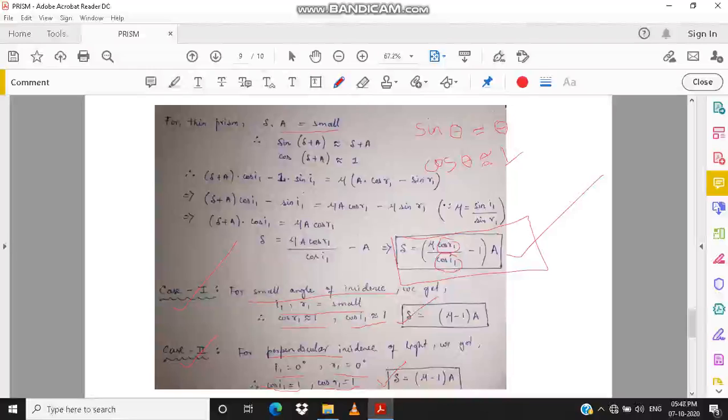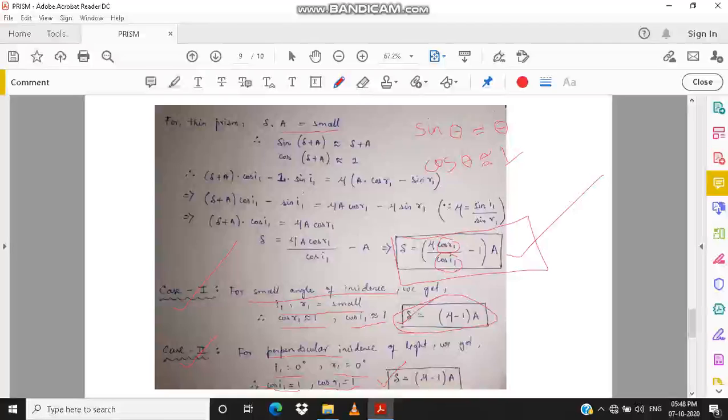That means we can conclude that in the case of a thin prism, delta does not depend on the angle of incidence. See, this delta doesn't have any I1, that is, it is independent of I1, the angle of incidence. This question is important. You may get this question: how does the angle of incidence affect the angle of minimum deviation?